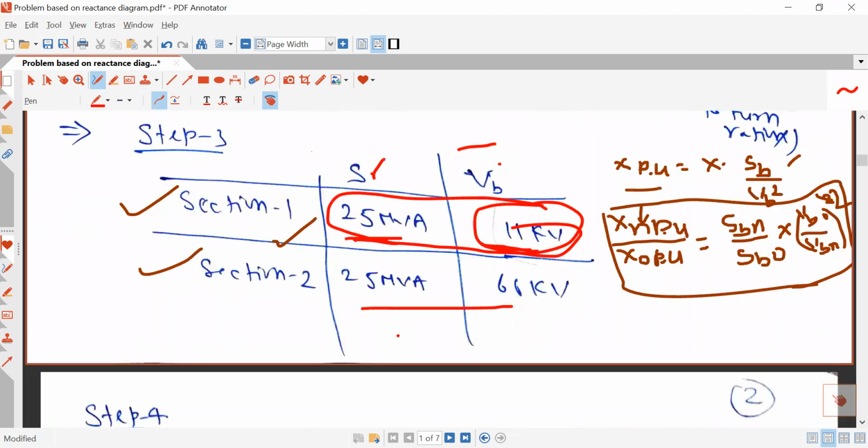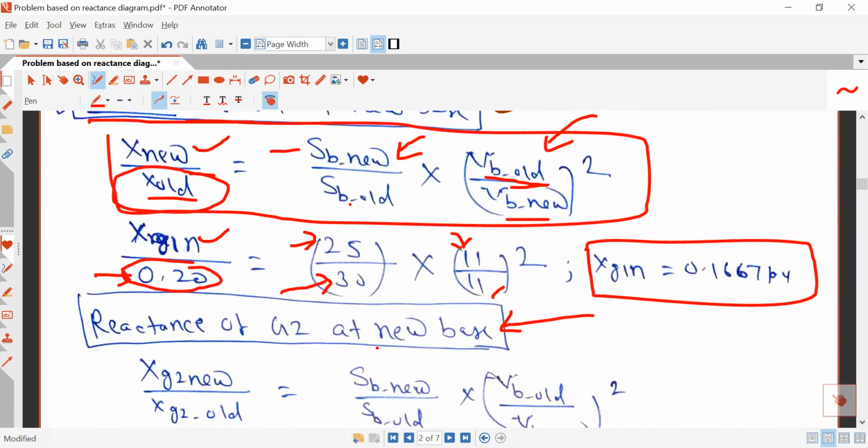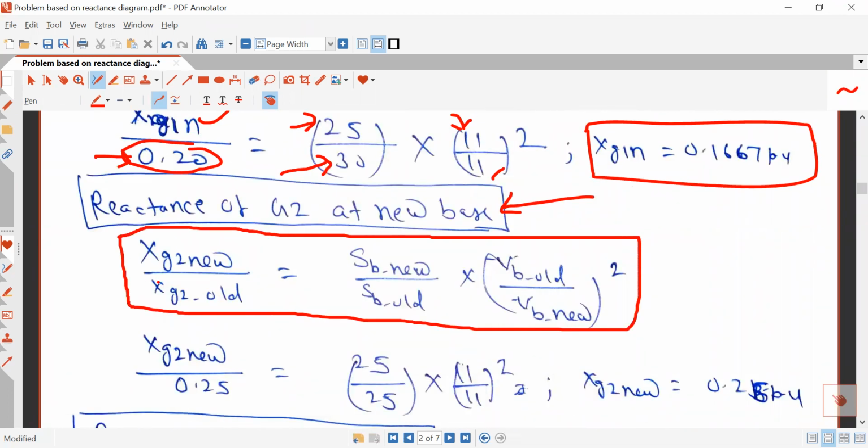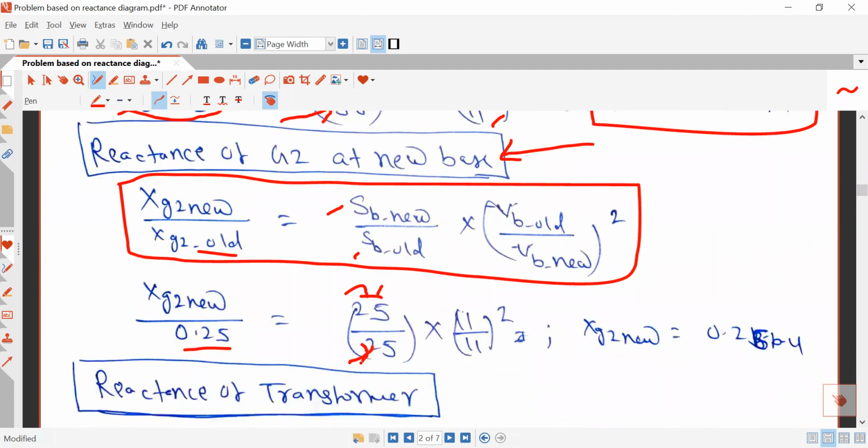For generator 2, you will use the same formula. The old value of reactance given in the block diagram is 0.25. For section 1, SB new is 25. SB old, meaning the rating of generator 2, is also 25. Similarly, VB old, the rating of generator 2, is 11 kV, and the new base voltage for section 1 is also 11 kV. In this way you can calculate Xg2 new.